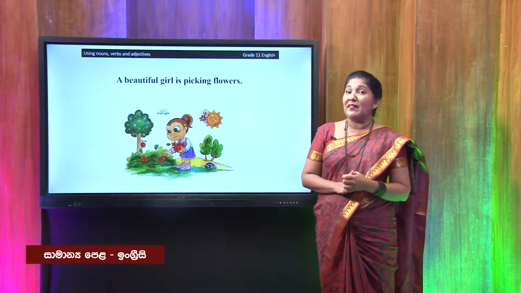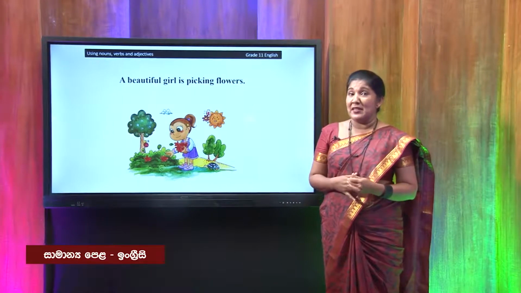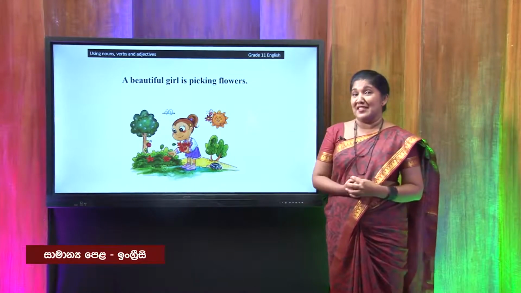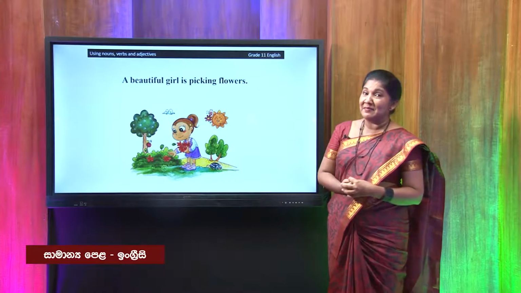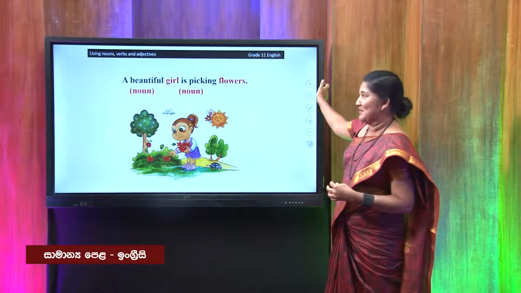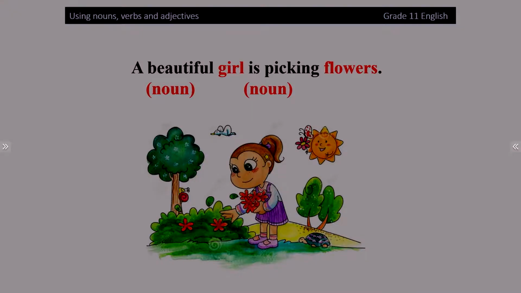And if you have guessed, you have found out that this sentence has 2 nouns. Yes, it's the girl and the what? Yes, the words in red are the nouns. In the sentence, it's the girl and the flowers.